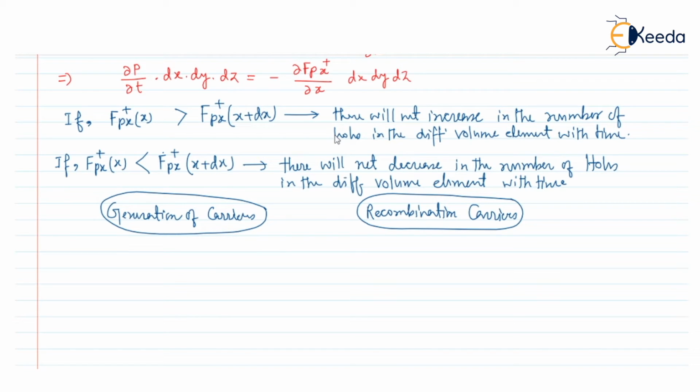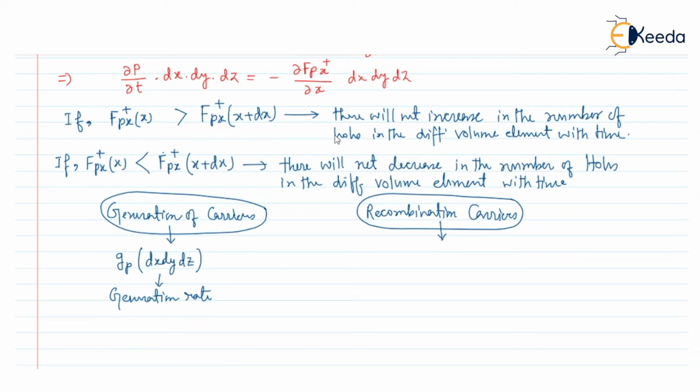Now, if there is a generation of carriers, then there must be some generation rate. Let us assume that Gp is the generation rate within the volume dx dy dz. Similarly, if there is a recombination rate, due to it there must be a decrement of carriers inside the volume.